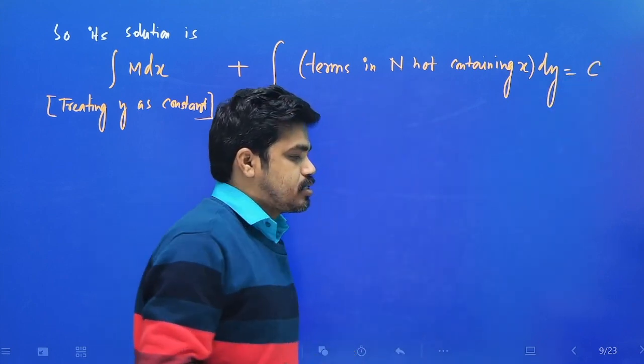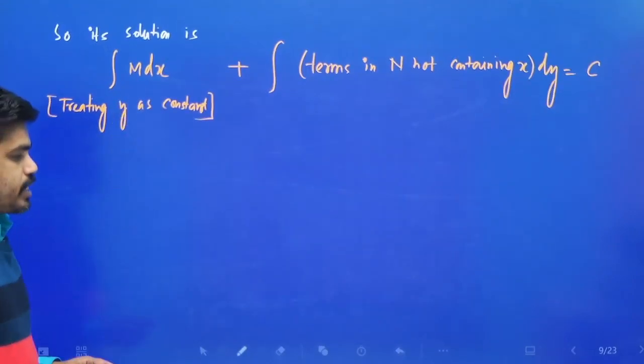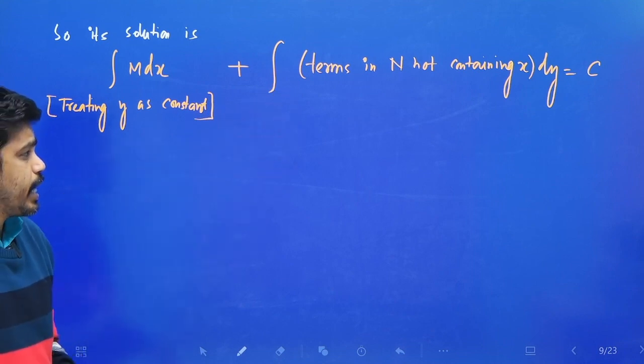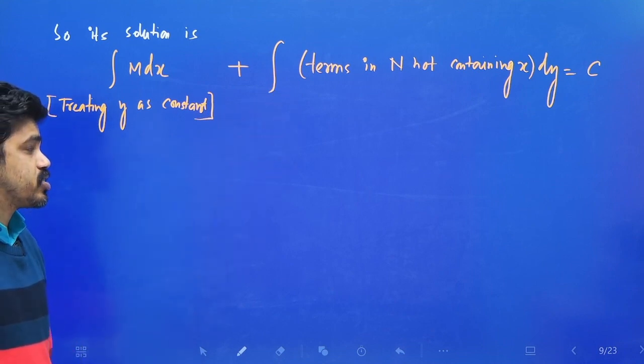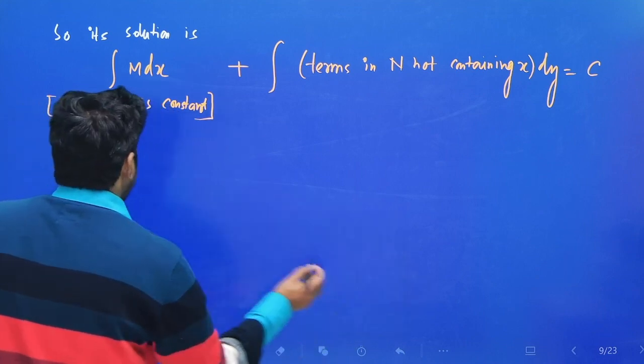What is c? c is an arbitrary constant. So note this: integration of M dx treating y as constant plus integration of terms in N not containing x, dy.